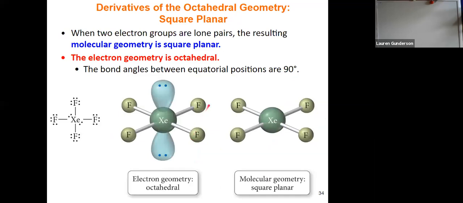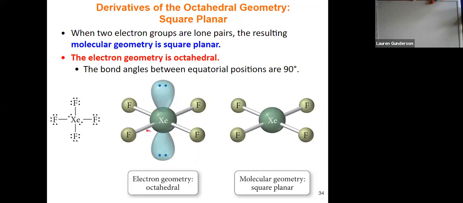When we remove two bonding electron groups and replace them with 2 lone pairs, we end up with a square planar molecular geometry. Okay, so our 2 lone pairs are going to be in positions that are as far from one another as possible. And that's going to leave our terminal atoms in the same plane as one another.